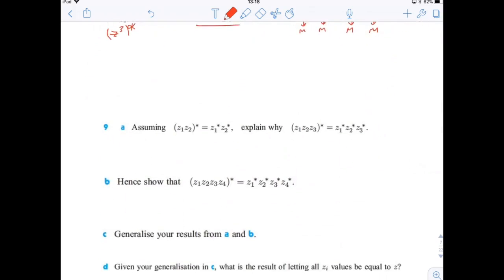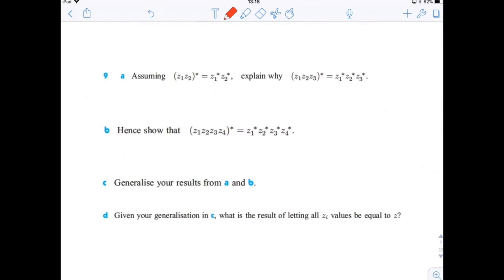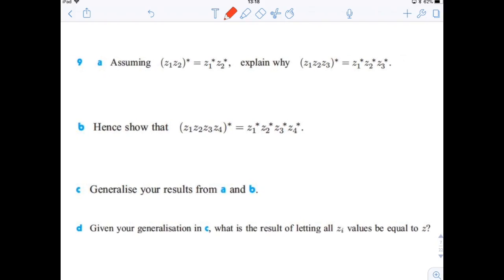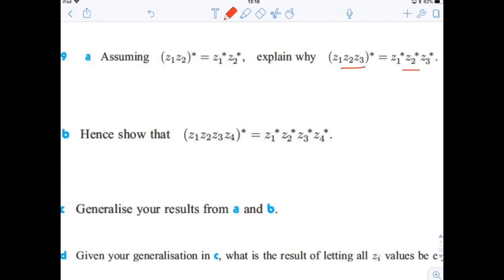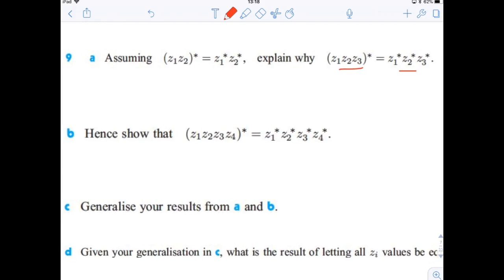All right, 9. Assuming that z1 z2 conjugate equals z1 conjugate times z2 conjugate, explain why z1 z2 z3 conjugate is equal to z1 conjugate z2 conjugate z3 conjugate. So let's take the left-hand side expression.